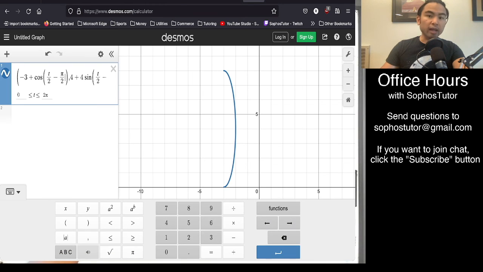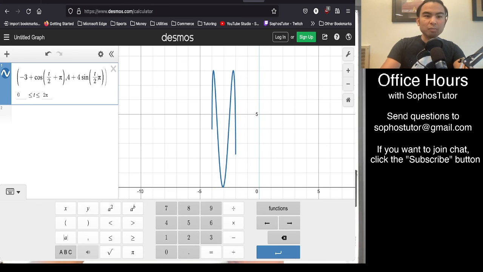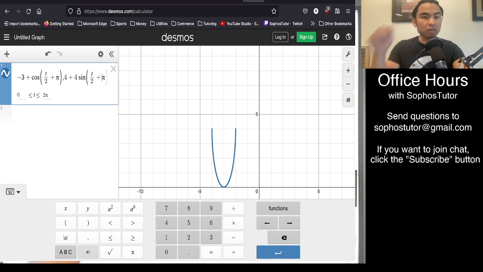We also said that if we wanted the bottom of this ellipse, instead of subtracting pi over 2, we could add pi. So we add pi here. See, it's interesting actually, because as the graph changes, it's interesting that this would be a straight line. I think there's something to investigate there, right? We add pi here and we have the bottom half as well.